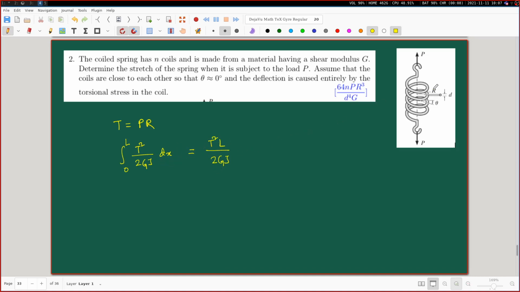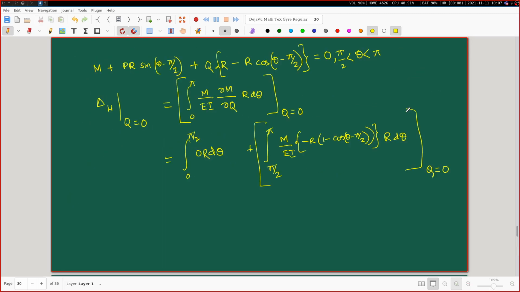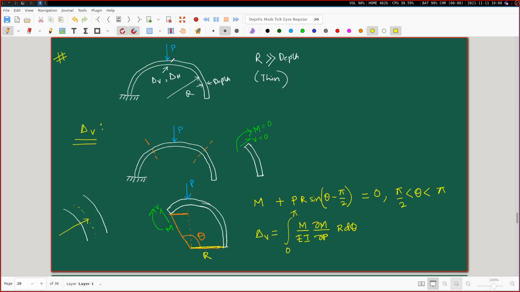Now this coil can also be considered to be like a beam, like a curved beam. Yesterday we were discussing problems involving curved beams, and we had said that if the radius of curvature is considerably larger than the depth of the beam, then even though it is curved, it may be treated using the same kind of formulas that we have learned for beams.